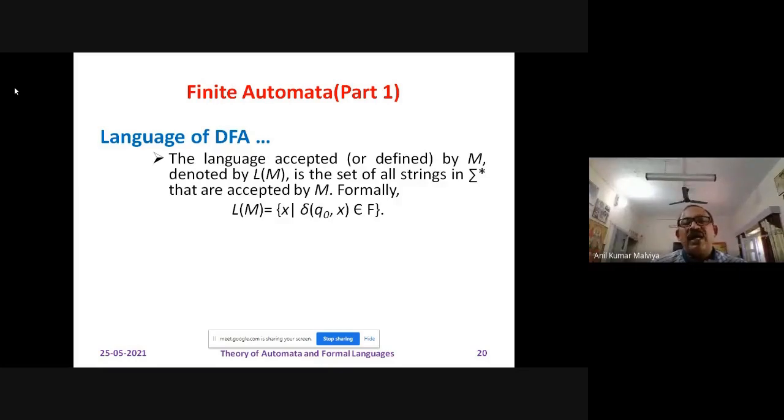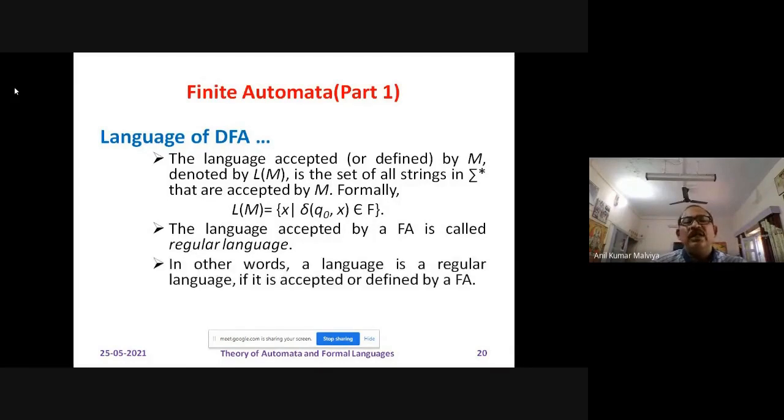The set of all words such that delta q0 x is an element of F. And the language defined by or accepted by a finite automata is called a regular language. In other words, a language is a regular language if it is accepted or defined by a finite automata. Okay.